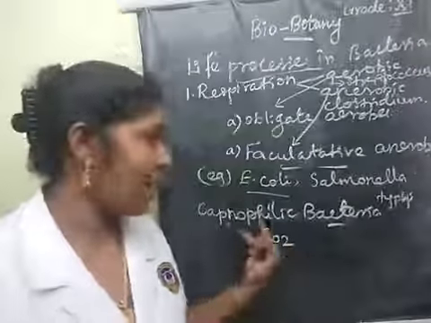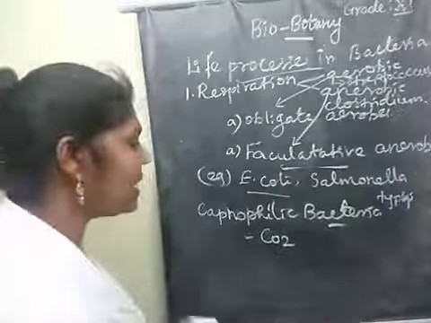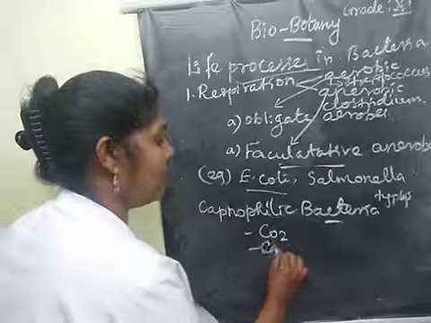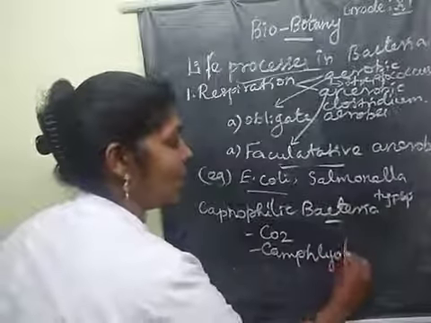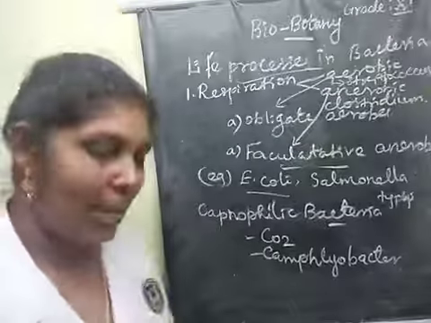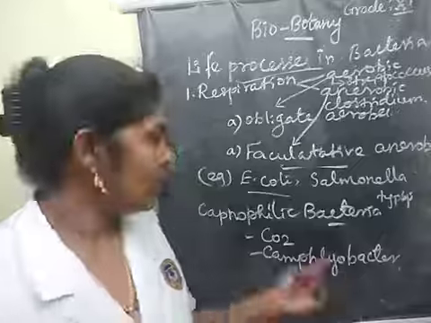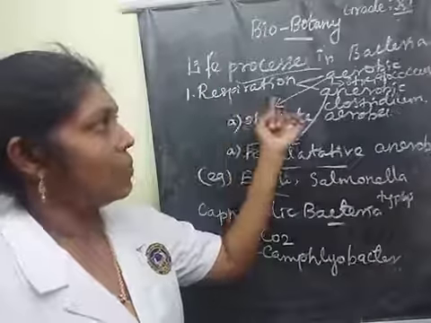This is called capnophilic bacteria. Understood, children? One good example of this species is Campylobacter. Clear, children? So these are the first life processes in bacteria, respiration.